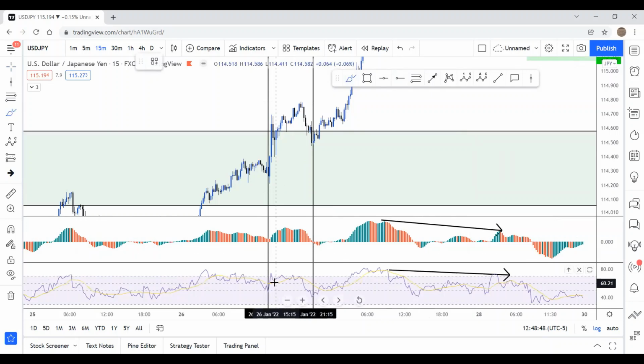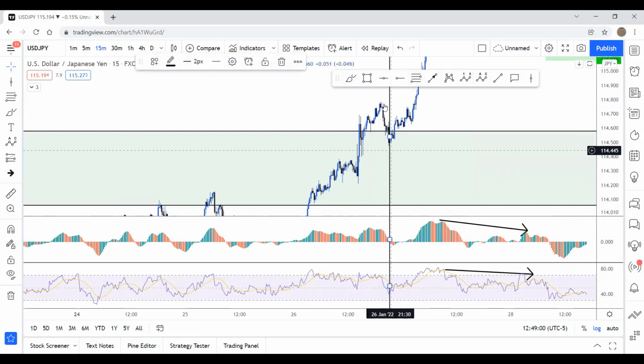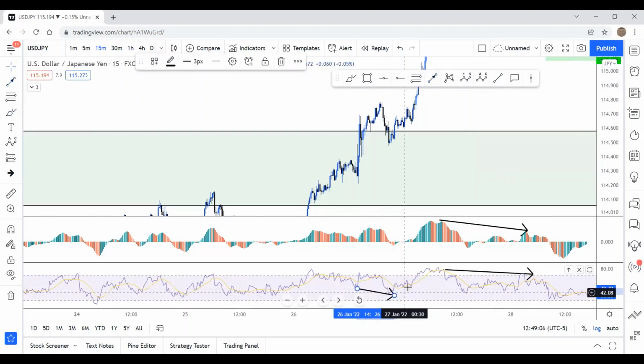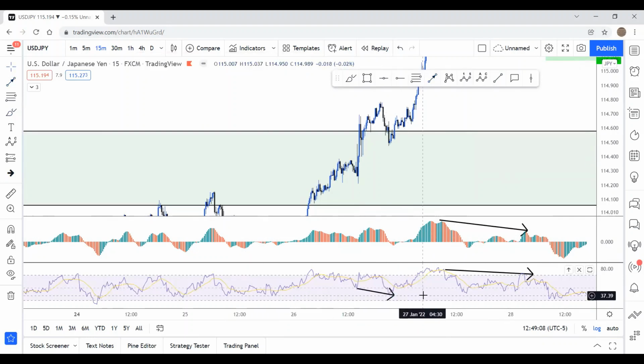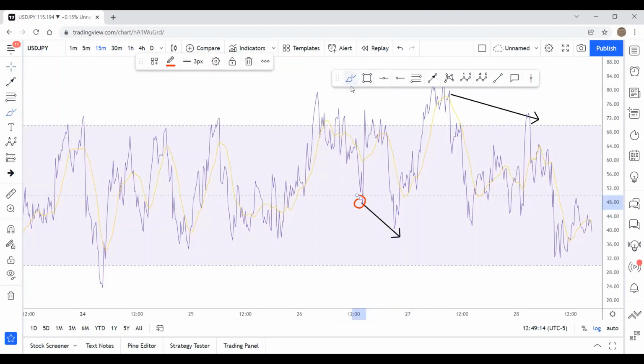Now, when we look at the RSI, we can see that this peak over here is higher than this one over here, right? So let me just move this out of the way for you guys to see. I am just clearing this up so you guys can see better. So once again, this peak right here is higher than this peak.